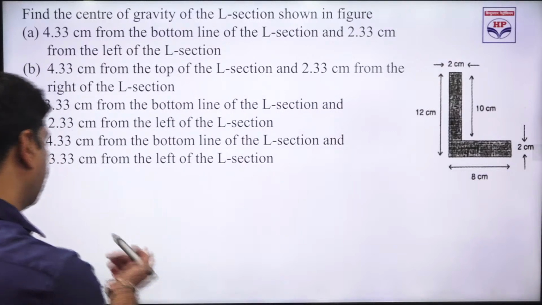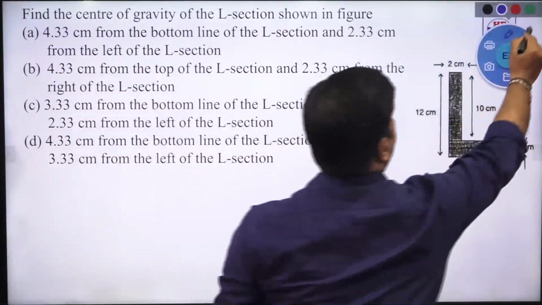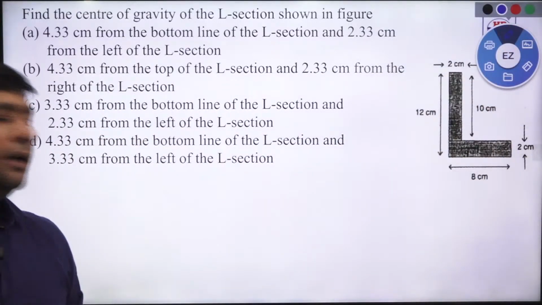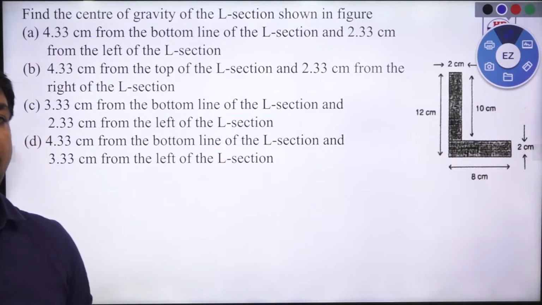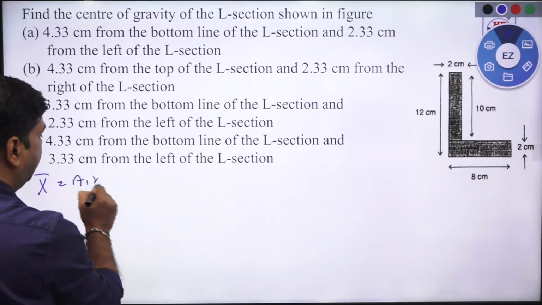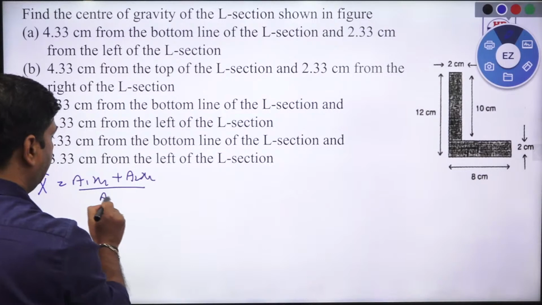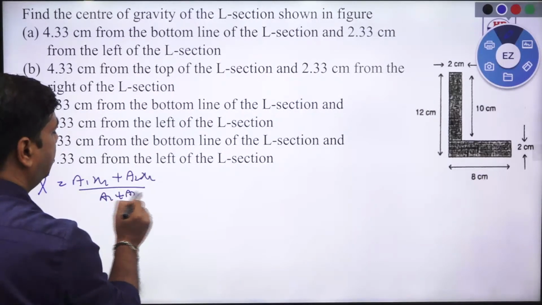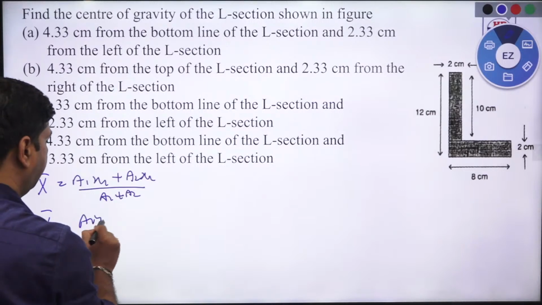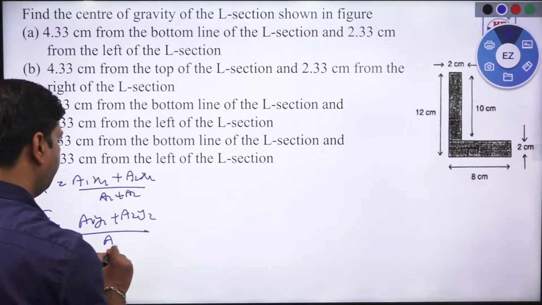As I know the formula of the CG, x bar equals A1 x1 plus A2 x2 upon A1 plus A2. Similarly, y bar equals A1 y1 plus A2 y2 upon A1 plus A2.